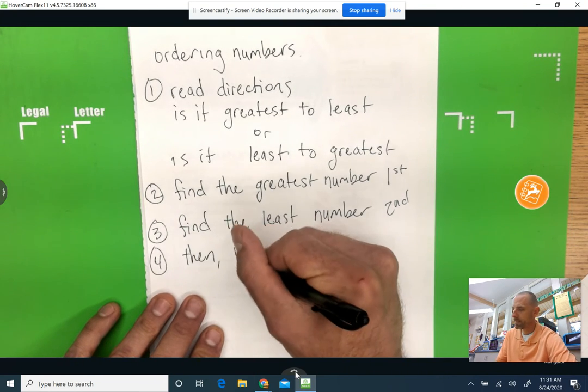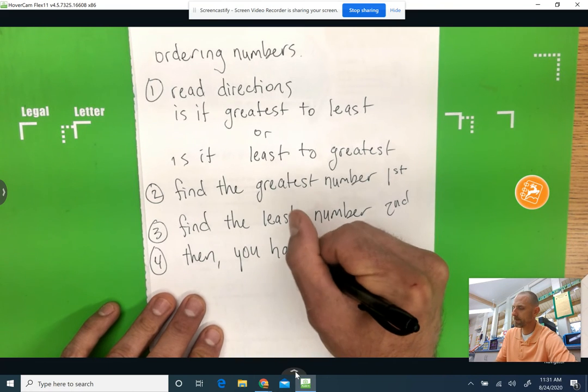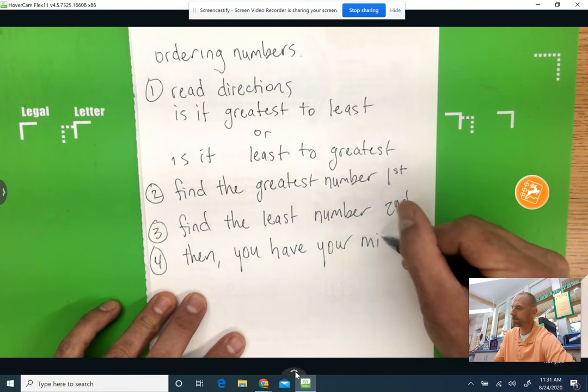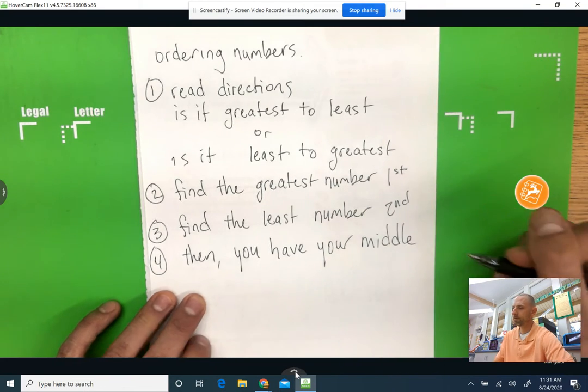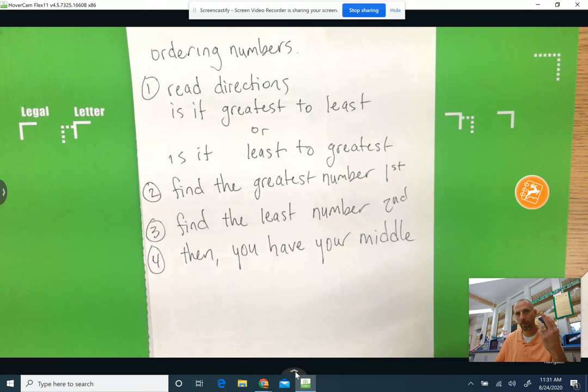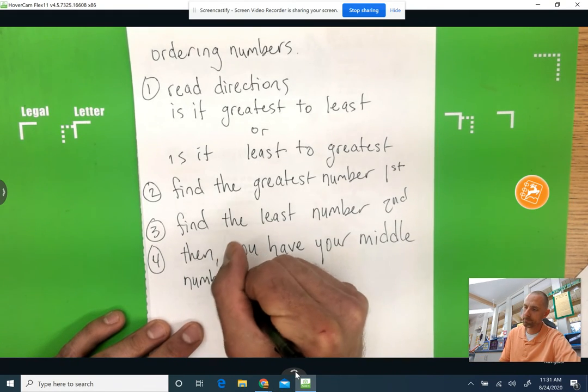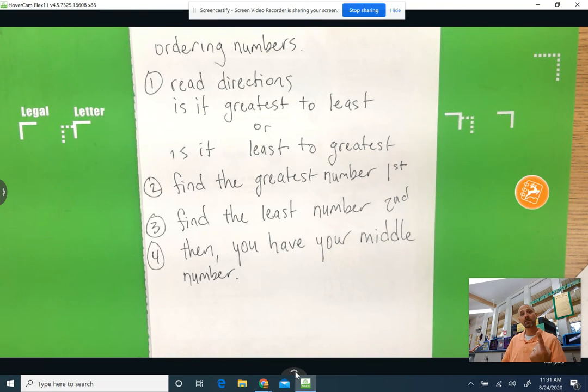Then, comma, you have your middle number. That's assuming that you're finding 3 numbers to order. That seems like a very common direction, that you're given 3 numbers to order. Then you have your middle number. Okay, read the directions, find the greatest number, find the smallest number, then you have your middle number.